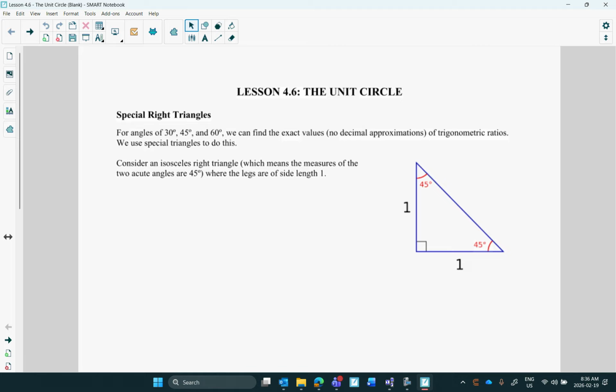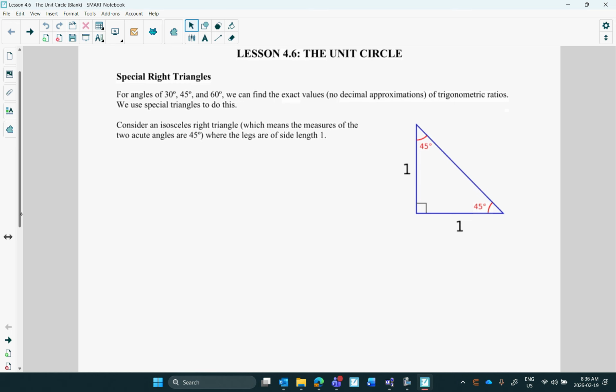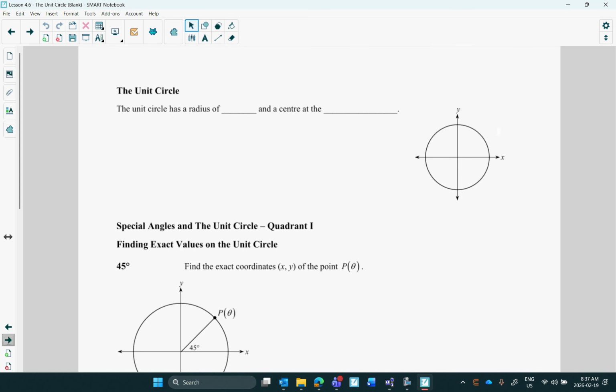And then we're going to use those to evaluate trig expressions, and we're going to use those to solve certain types of trig equations. So the first thing we need to do, okay, is we need to set up what is called a unit circle. And unit means one, okay? So a unit circle, and I'm just going to skip ahead a little bit here.